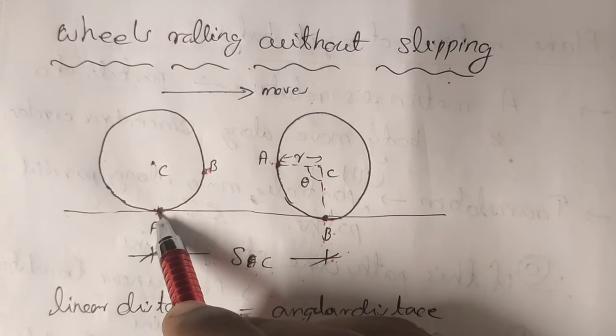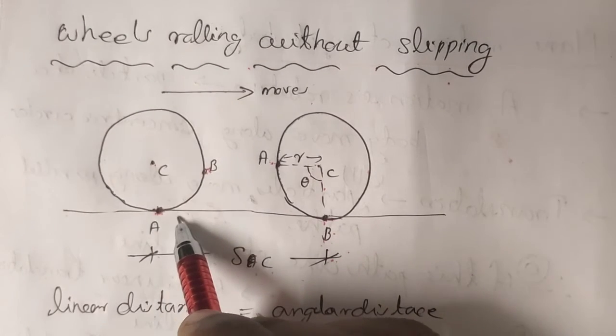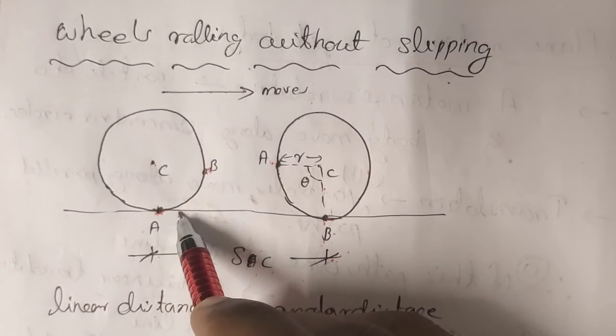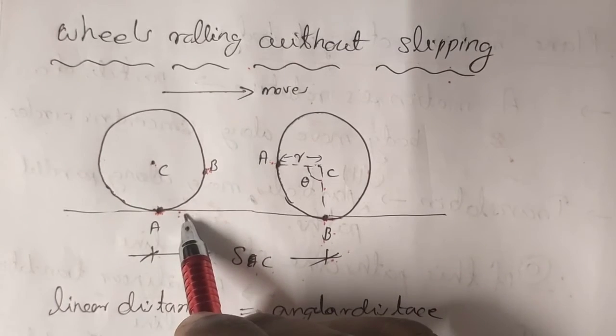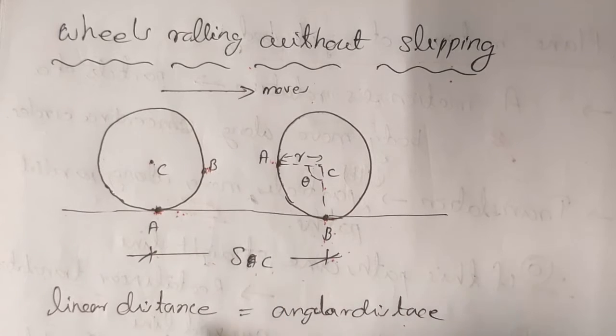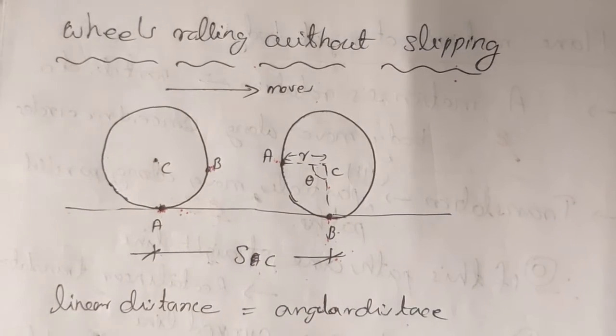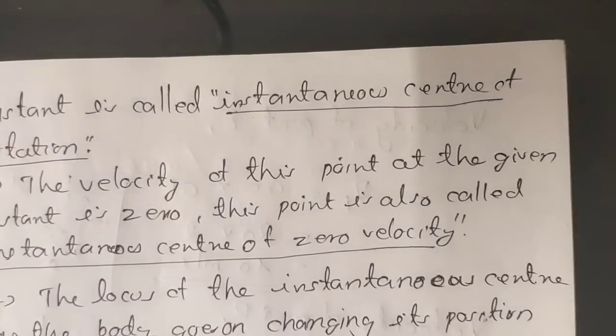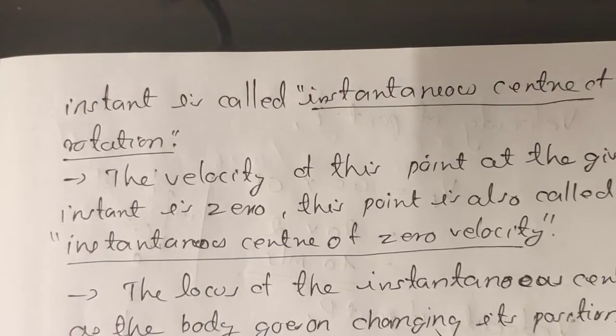So this is the instantaneous center at this second. The very next second it moves to this point, so the instantaneous center moves. So the instantaneous center continuously moves when the body is moving, so it is called instantaneous center of rotation.